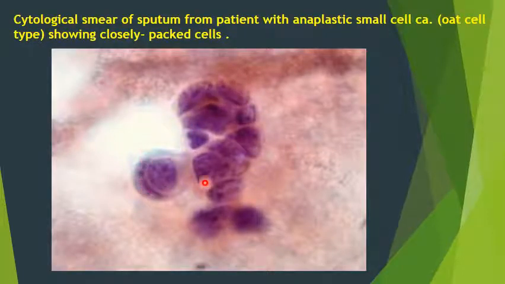And also because the cells in small cell carcinoma are fragile, there are smudged cells, or smudge artifact cells. Crush pattern, like a crush artifact.